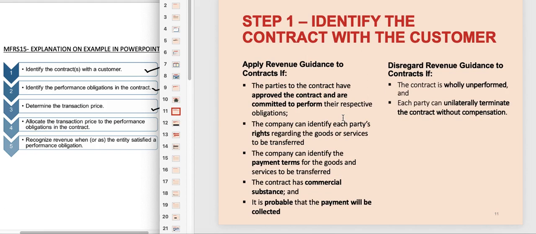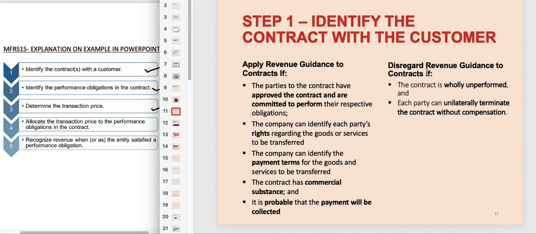So under step 1, when we identify the contract, it only appears there is a contract if parties involved in the contract approve and commit to perform the obligation. You can identify the rights regarding the goods or services to be transferred, and the payment terms. This is basically explaining the 5 features of a contract.